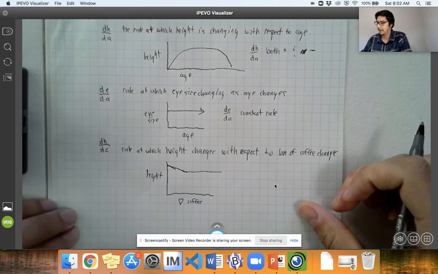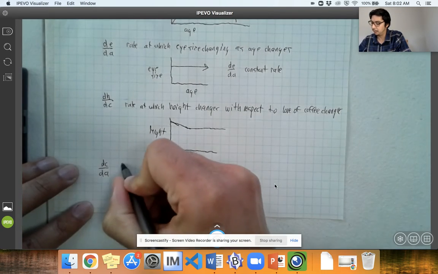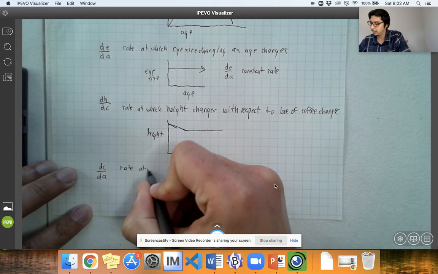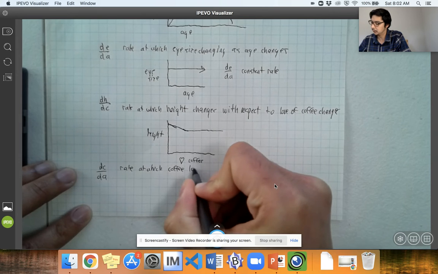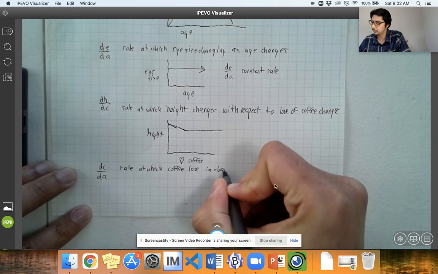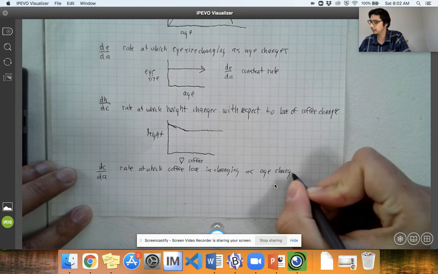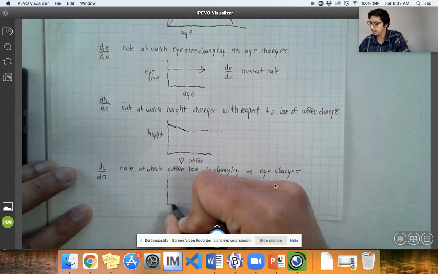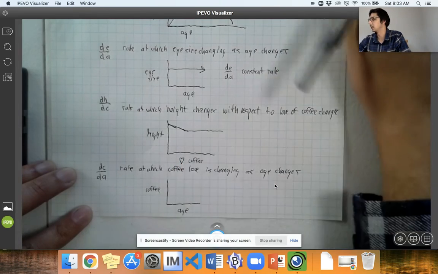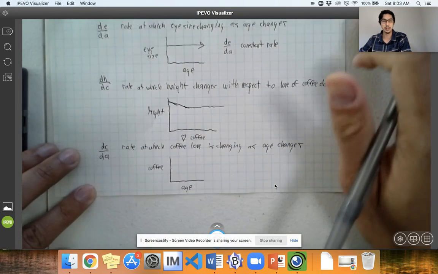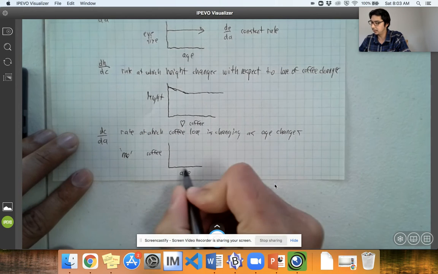Okay. And then what about dC/dA? That would be the rate at which your coffee love is changing as your age changes. So as age changes by just a little bit, what happens to coffee? And this is all relative to the person speaking. I don't think we can make too many assumptions here, but if it were me, as I got older, I didn't like coffee.